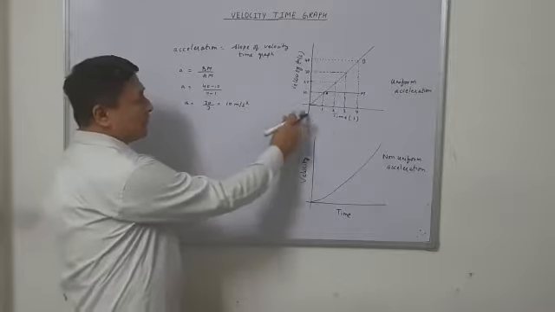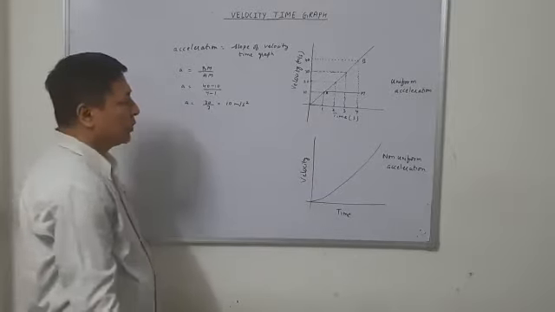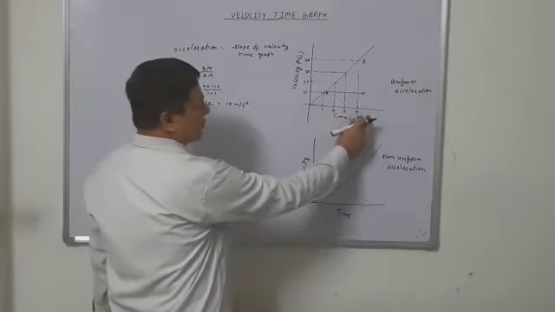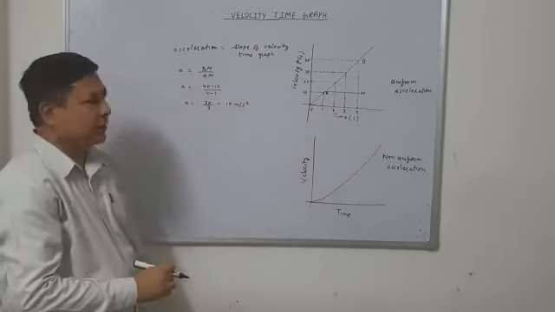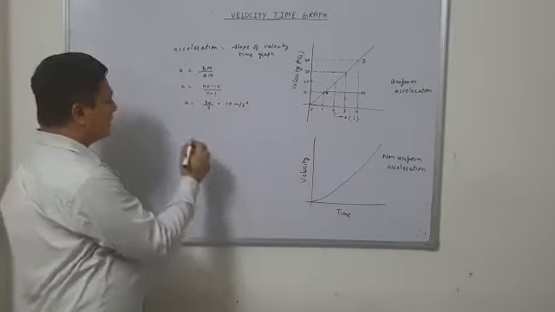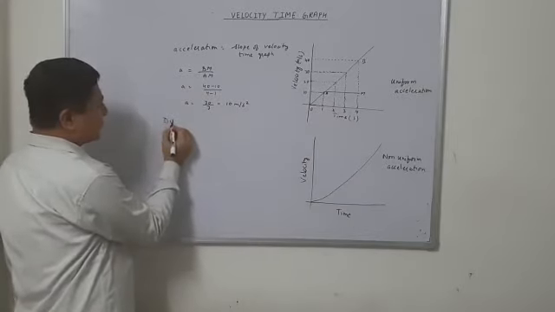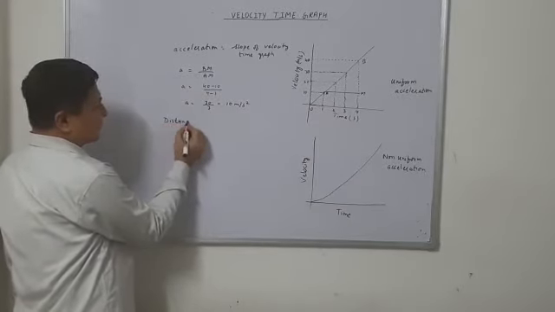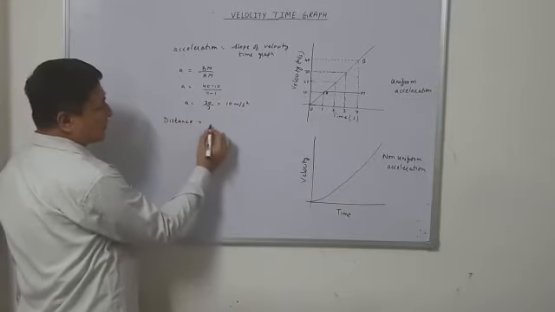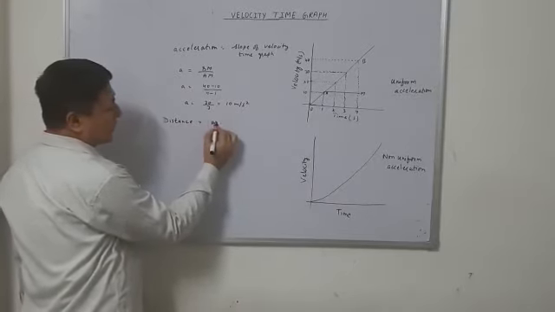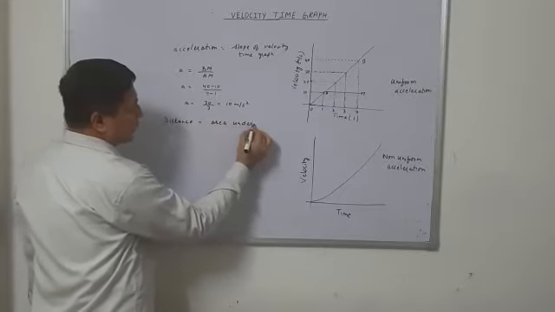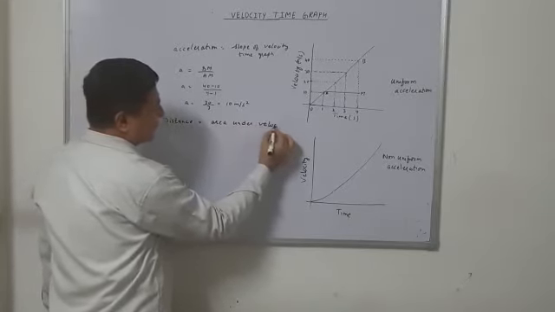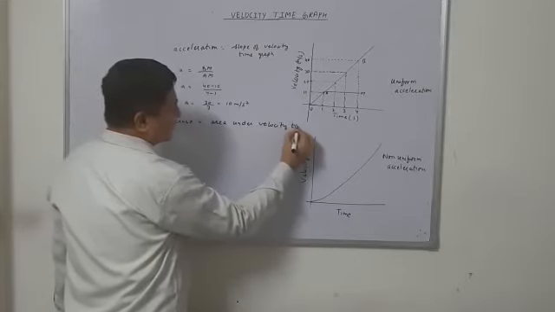Now if we want to find the distance, what is the distance traveled during the 4 seconds, from 0 to 4 seconds? By using this graph, we can find the distance, the magnitude of the displacement, that is distance, which is equal to the area under the velocity time graph.